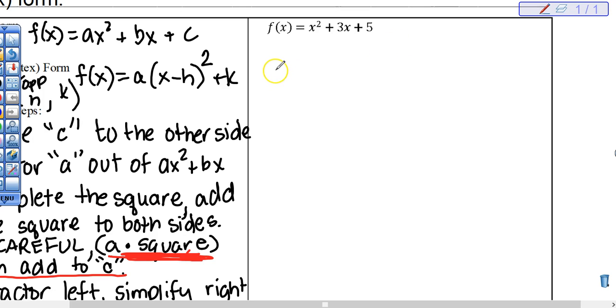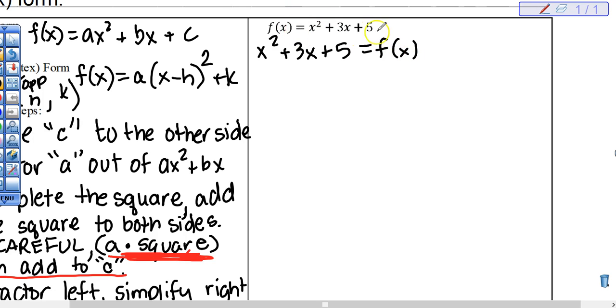Now, the one thing that I like to do is move my f of x to the other side of the equation so that I can do the same process that I did when I was completing the square to do my circle equations. So I'm going to rewrite it, and not in purple or blue, like so. x squared plus 3x plus 5 equals f of x.